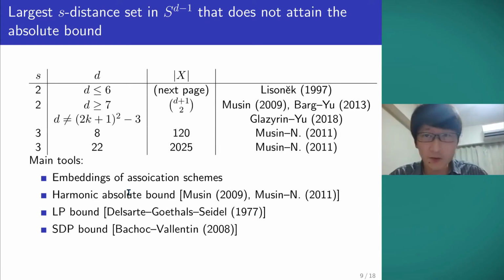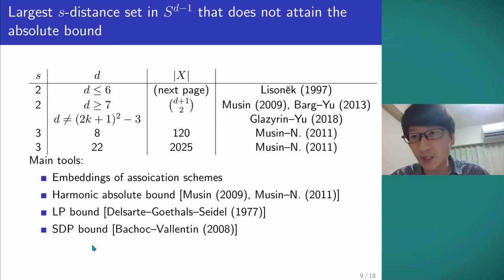So for spherical s-distance sets, we have several main tools to determine the largest s-distance set. First, we have a lot of good representations of an association scheme, and we have several bounds, so-called harmonic absolute bound, linear programming bound, or semi-definite programming bound.